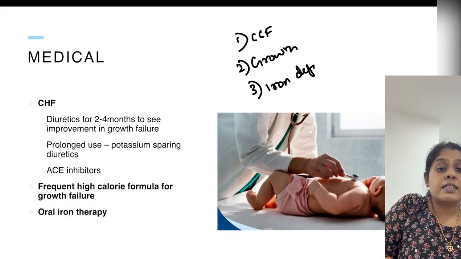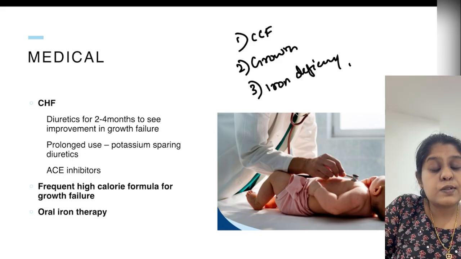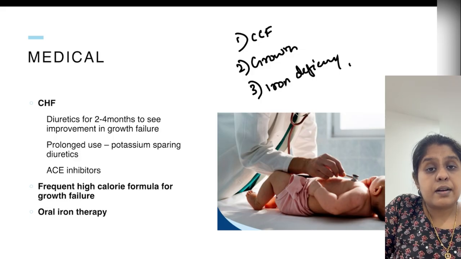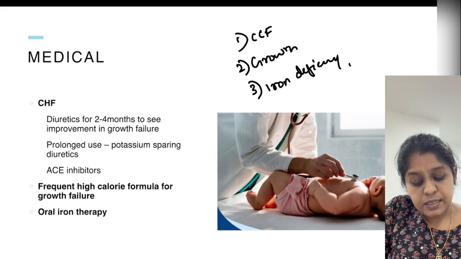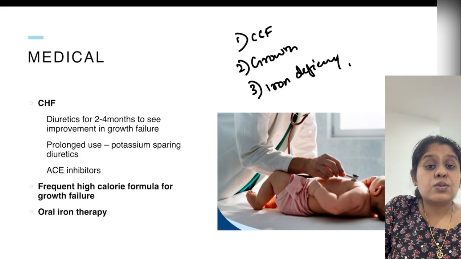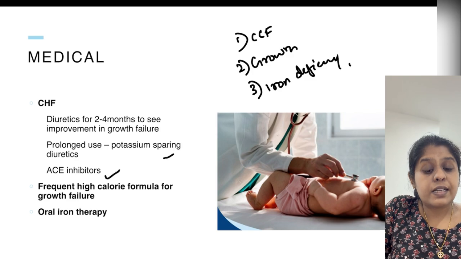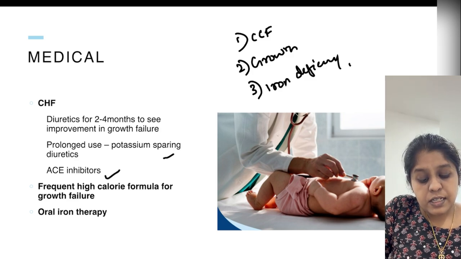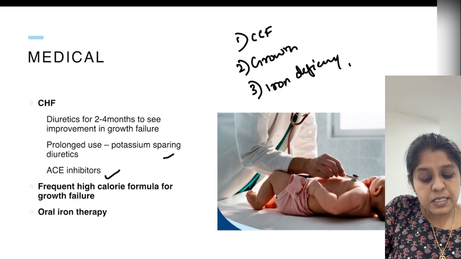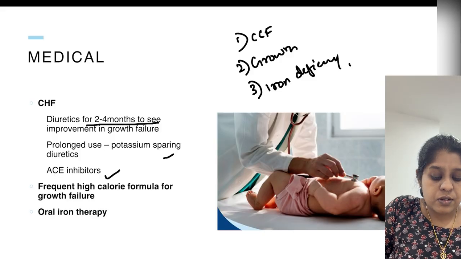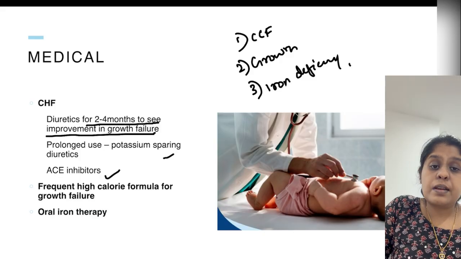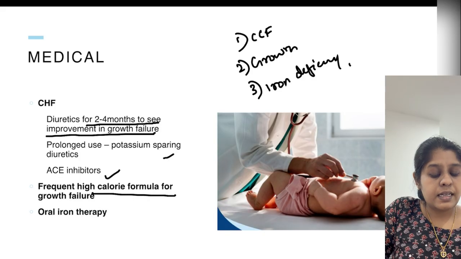So the first thing is the CCF. You can give diuretics like Lasix and spironolactone, which is a potassium sparing diuretic. If there are ACE inhibitors, you have to be very careful in giving potassium sparing diuretics. Diuretics are used for 2 to 4 months to see the improvement in the growth failure. You can give frequent high calorie formula for growth failure, and oral iron therapy.